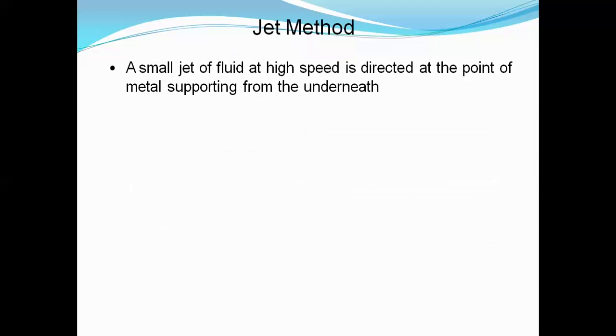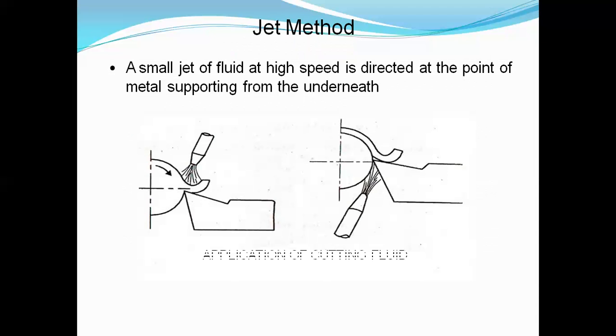Now coming to another method, the jet method. In the diagram, you can observe easily, a small jet of fluid at high speed is directed at the point of metal supporting from the underneath. Observe here, the application of cutting fluid. A small jet of fluid at high speed is directed at the point of metal supporting from the underneath.